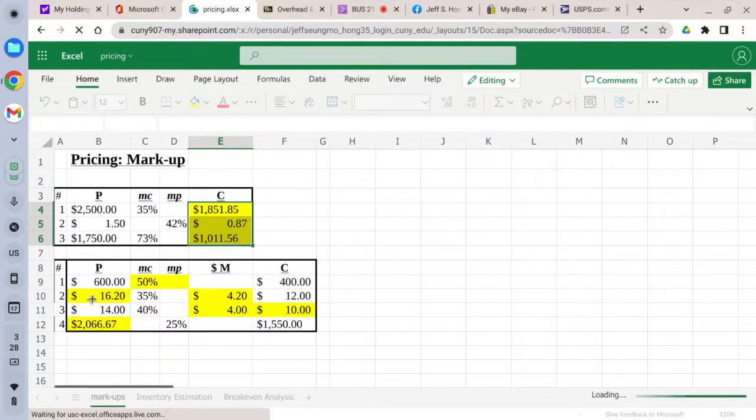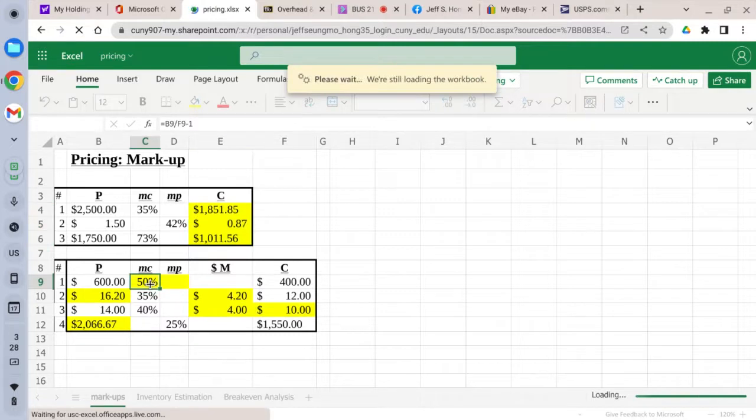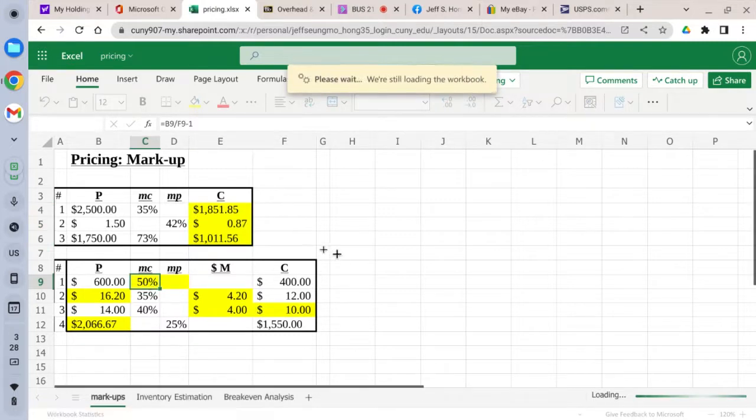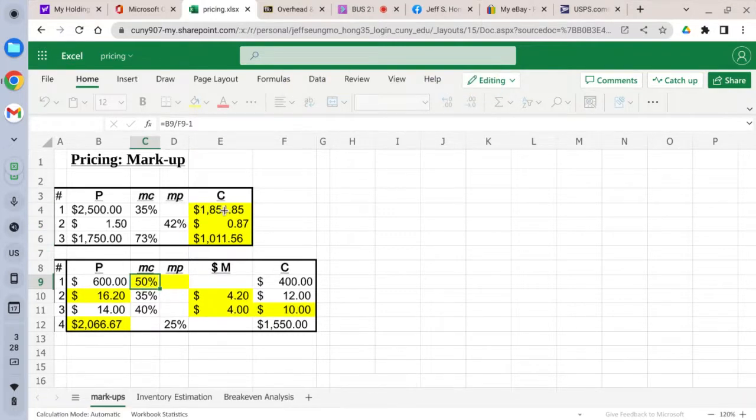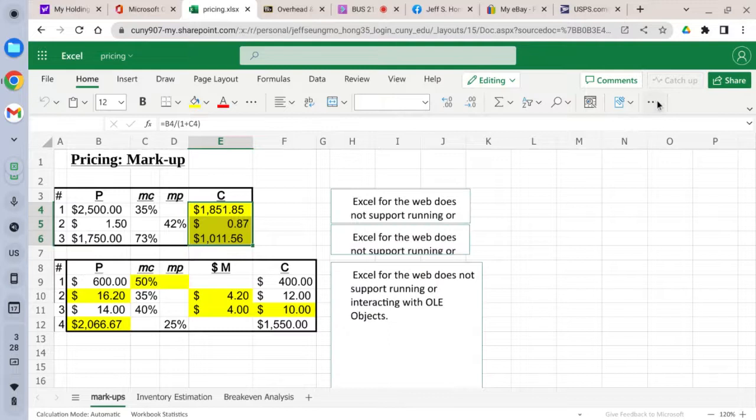Okay. So these things need to be deleted. This must be. Why isn't it working?